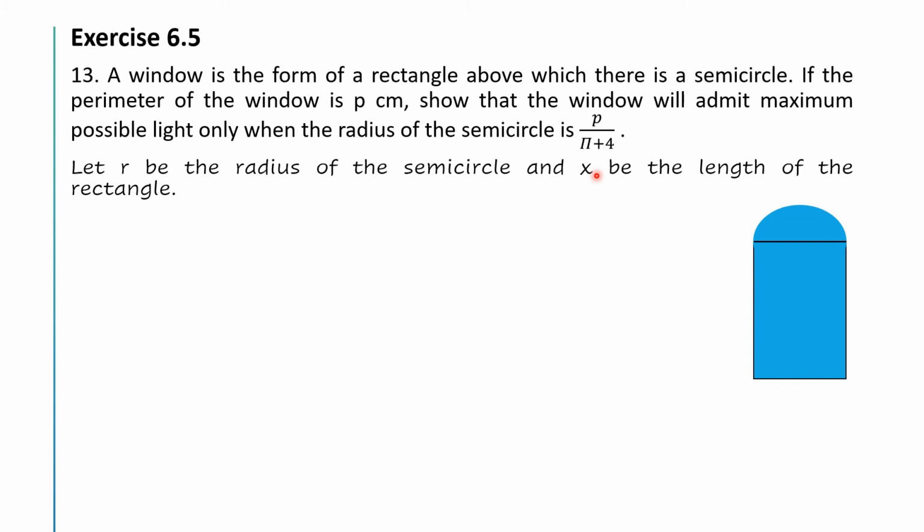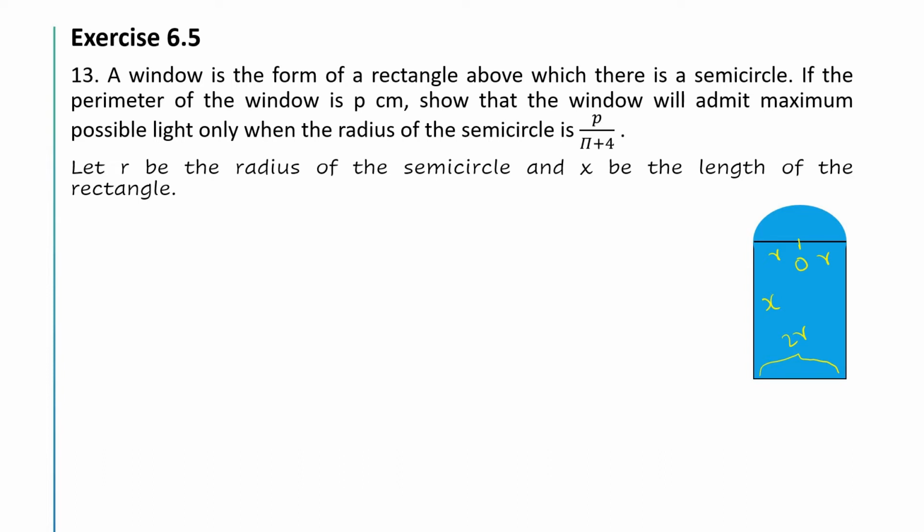So let us take, let r be the radius of the semicircle and x be the length of the rectangle. So if we take this as the center of the semicircle O, then we have this is r and this is r. So which means the breadth of the rectangle is given by 2r and the length of the rectangle we have taken as x.